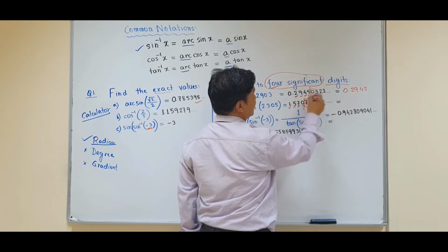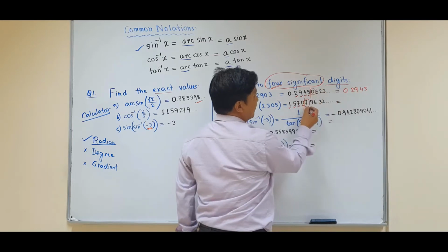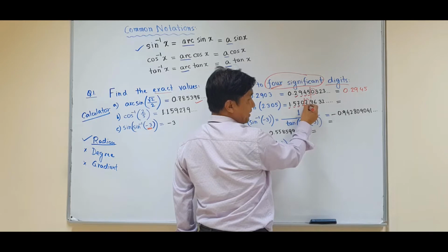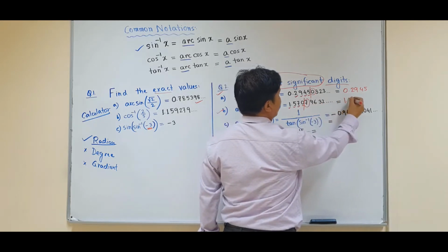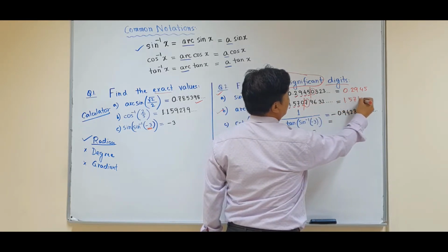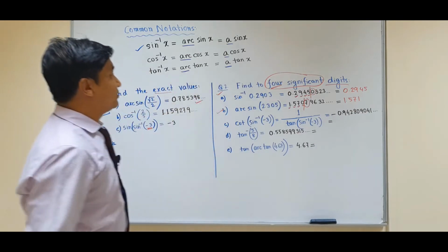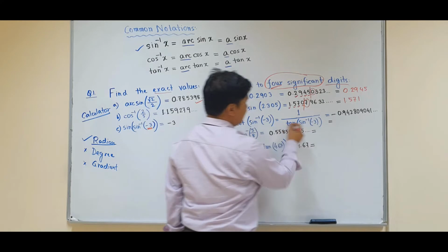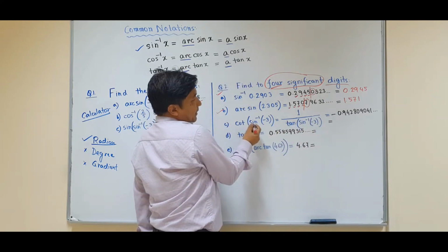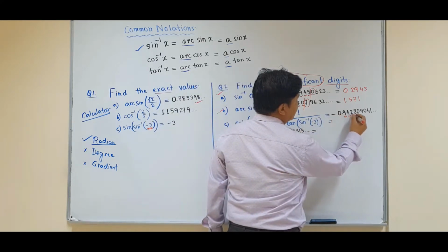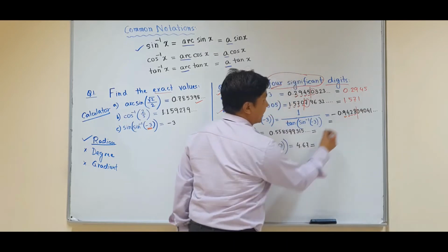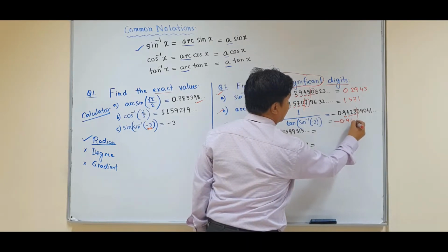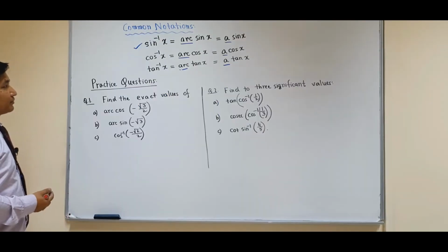In the previous case it was 0, so there was no change. But when it is more than 5, that is here 7, we can write 1.571. So that gives you 4 significant digits. Similarly, using the same way, we count 1, 2, 3, 4 and hence we get minus 0.942.